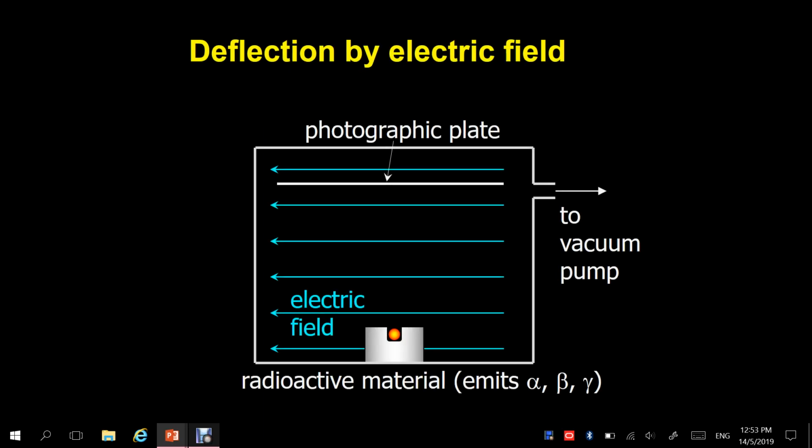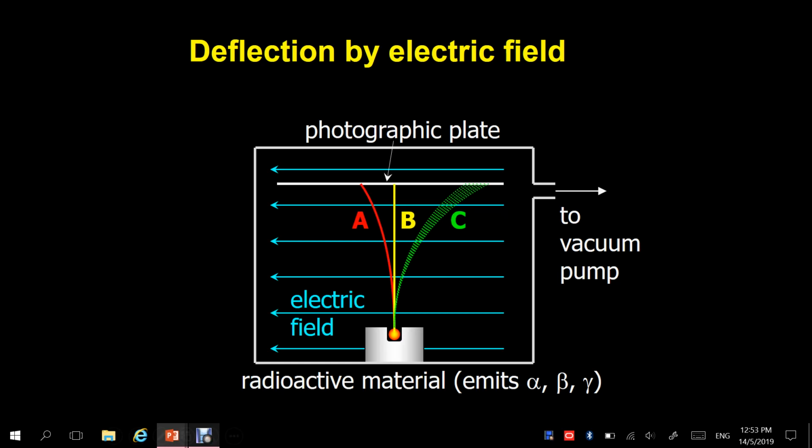If you look at the direction of the E field, it is from right to left. We know that E field points from high potential to low potential, so that means the positive plate should be on the right hand side, and the negative plate is on the left hand side. So A is attracted to the negative plate. This must be your alpha.